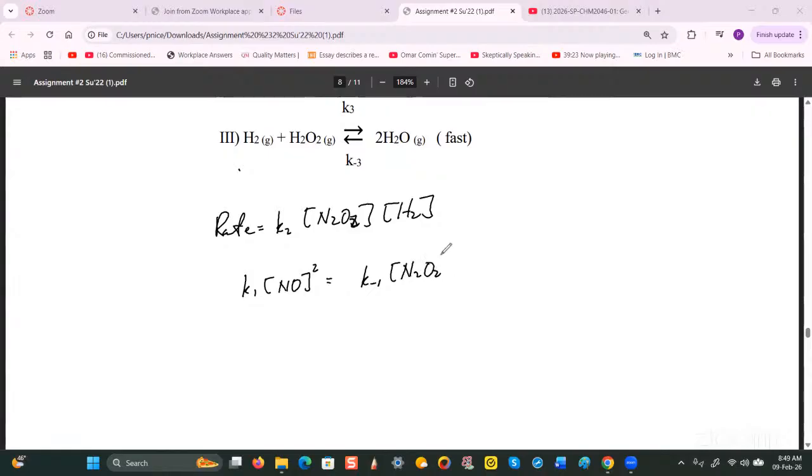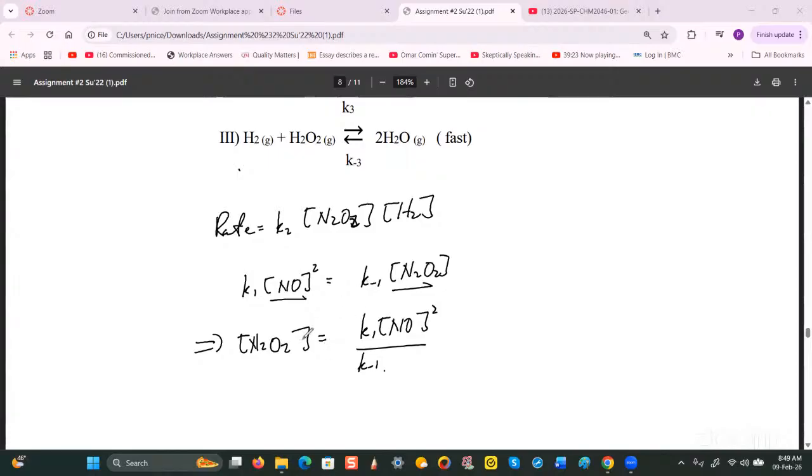Now, we have NO, which we can measure directly because it's a reactant, and N2O2, which is an intermediate, very difficult to measure, if not impossible. So we express this in terms of NO: the concentration of N2O2 would be equal to K1 times the concentration of NO squared over K minus 1.